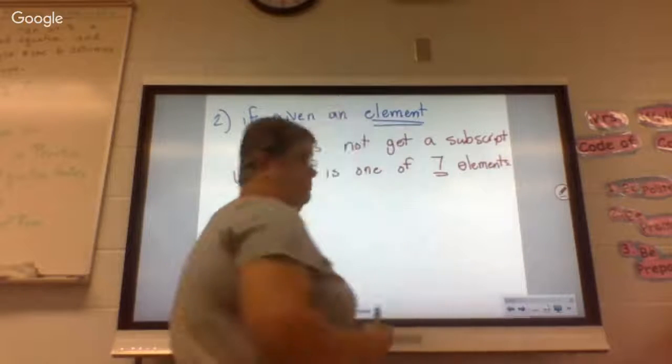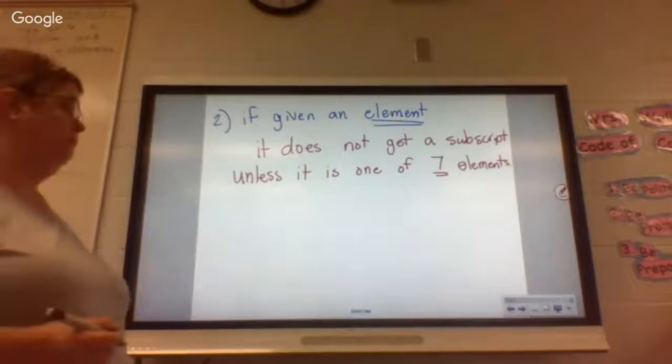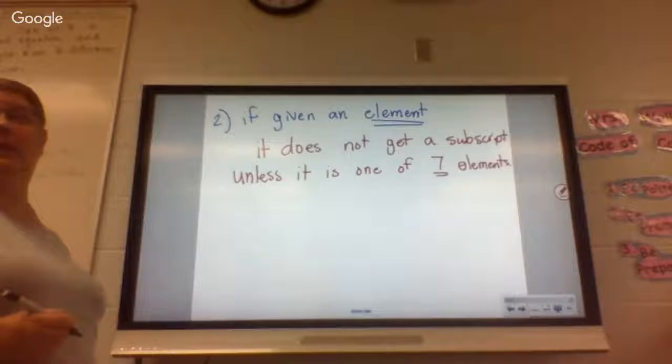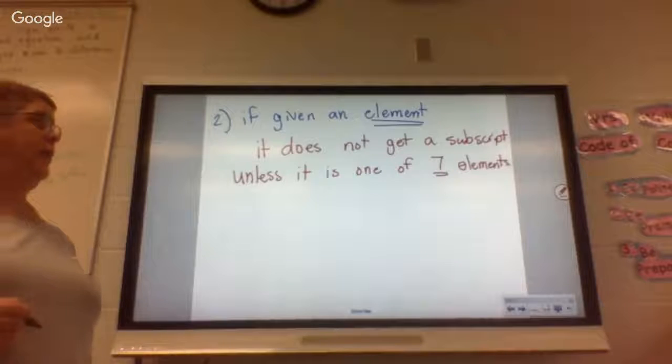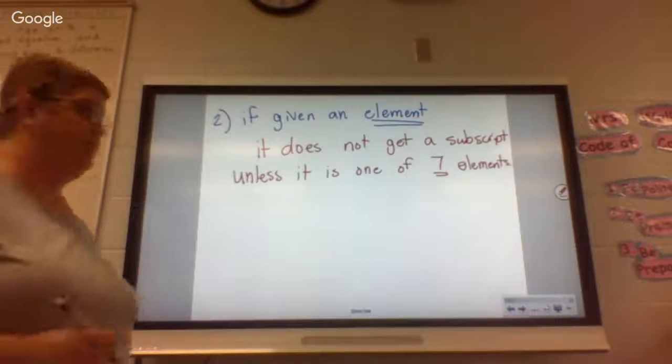That's right. If it's an element, it does not get a subscript unless it is one of 7 elements.